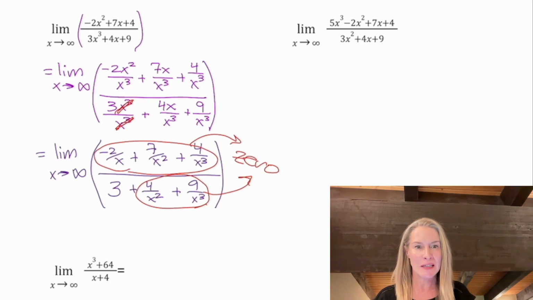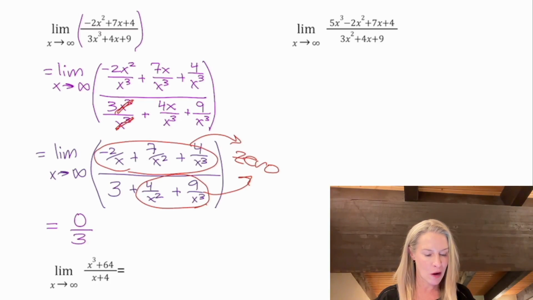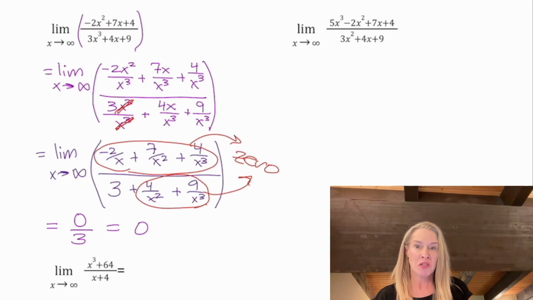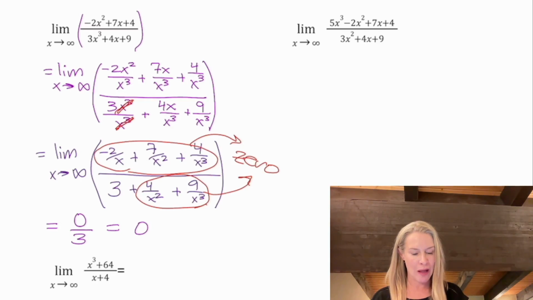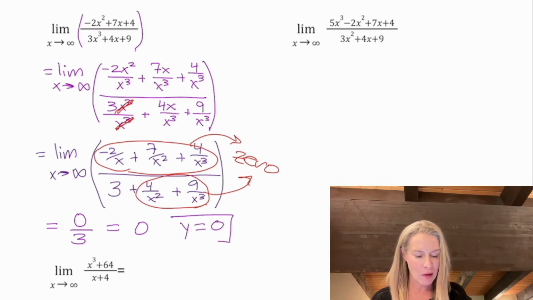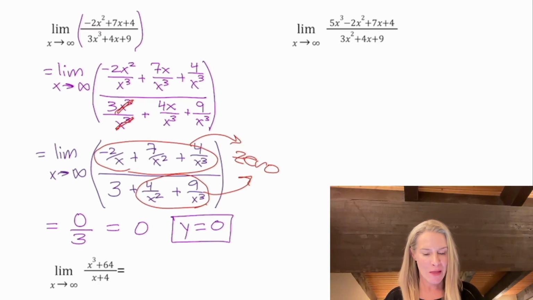So what our limit is equal to is 0 on top and a 3 on the bottom, which just means 0. Our limit is 0. That means that our function has a horizontal asymptote at y equals 0. Now, if you look at the powers again, you'll notice that the power of x on the top, the degree, was only 2, and the degree of the denominator was 3.